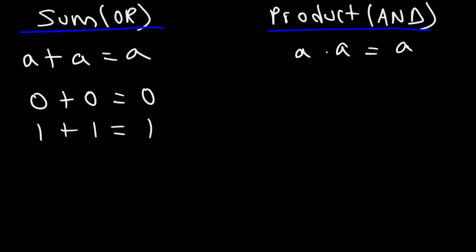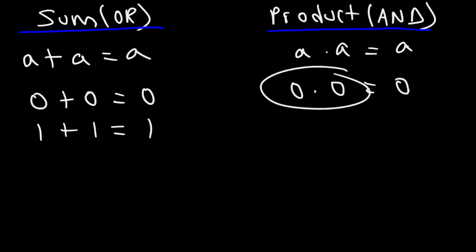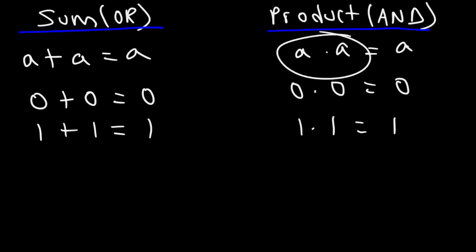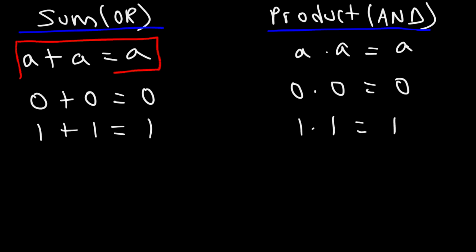Now, when dealing with an AND logic gate, 0 times 0 is 0. So if both inputs are off, the output is off. And 1 times 1 is 1. If both inputs are on, the output is on. So let's think about what we can do with this.